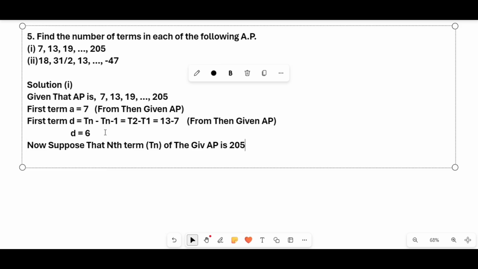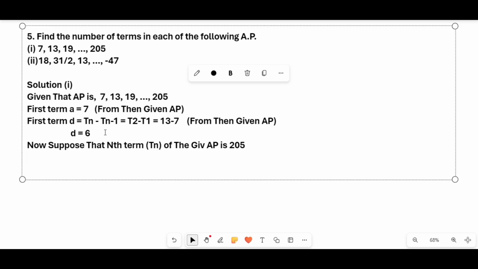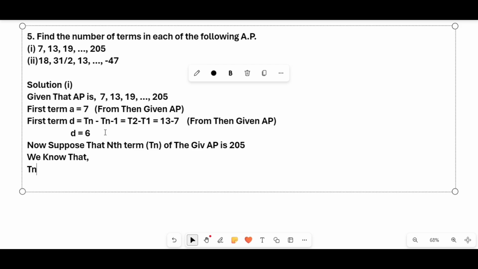Okay, so we know that Tn is equal to A plus n minus 1 into D.